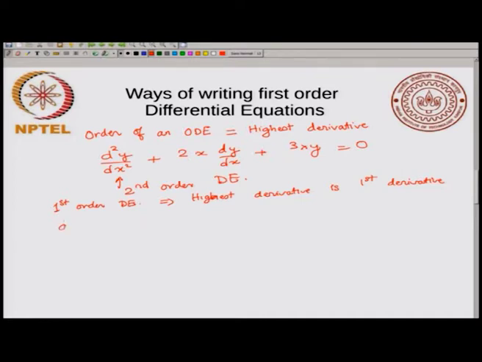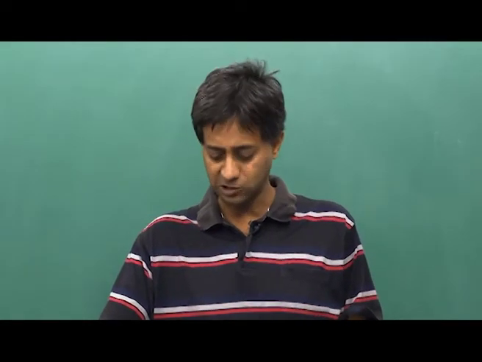You might write something like dy by dx is equal to f of x, y in general, some function of x, y. It could be a constant, it could only be dependent on x, it could only be dependent on y, but in general it is some function of x and y. Okay. So, this is one way you could write it, but there are other ways also.